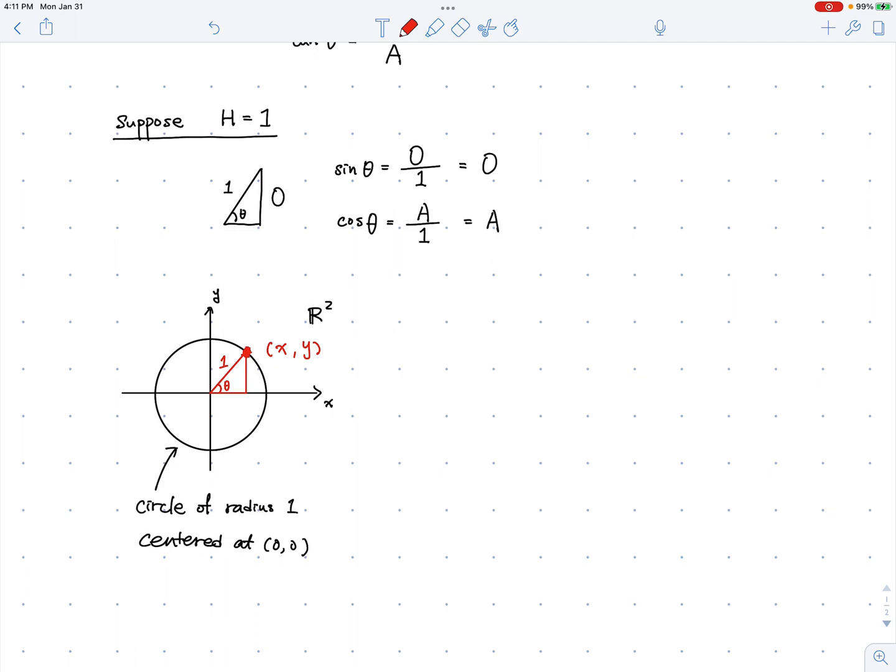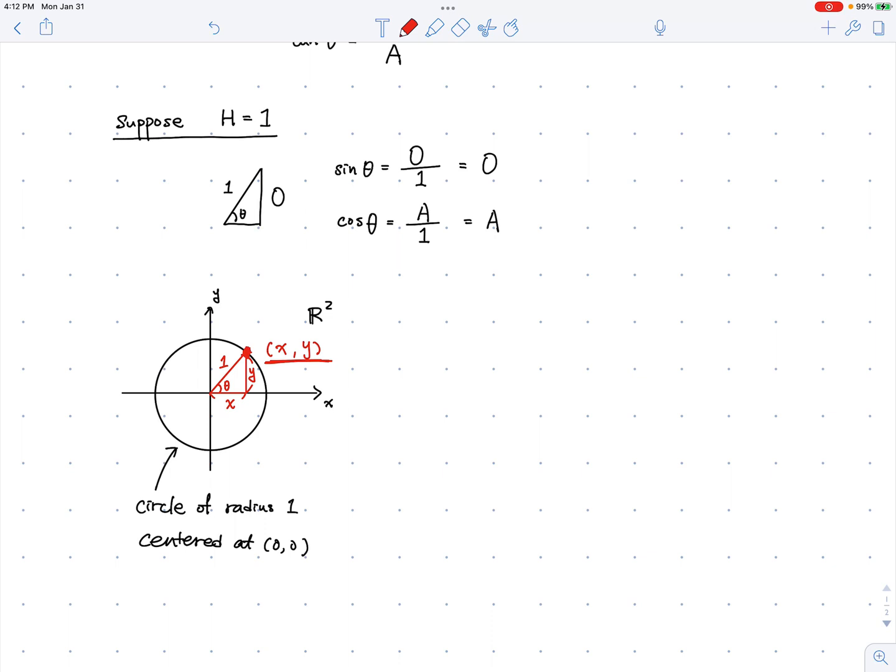And by definition of coordinate, this distance gives you the x component, and this number gives you the y component, right?